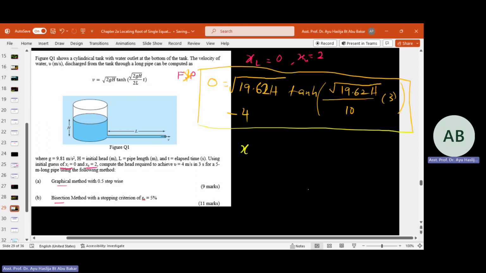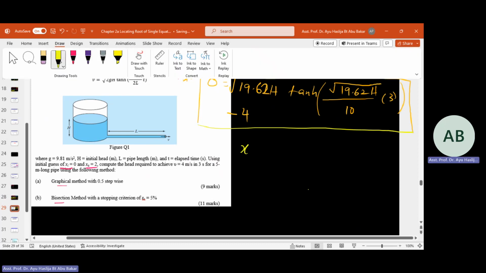Final answer, you should be getting the XR here.